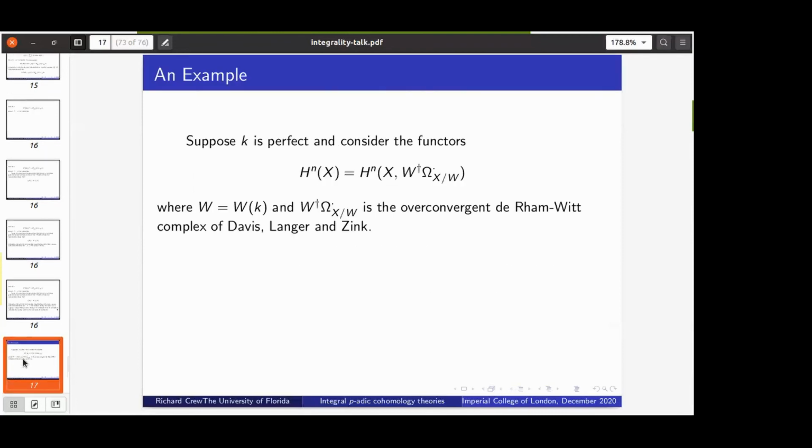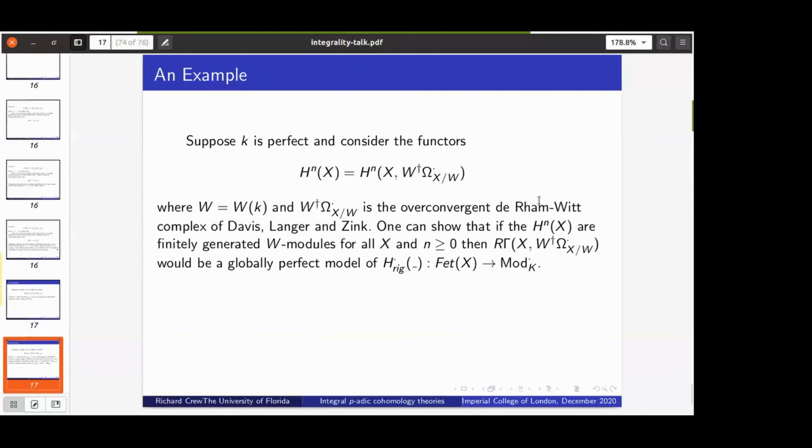Let's go back to Davis, Langer, and Zink. So let's suppose K is perfect, and I will take the functor to be the nth hypercohomology of the overconvergent de Rham-Witt complex on X. As always, W is the Witt vectors of little k.